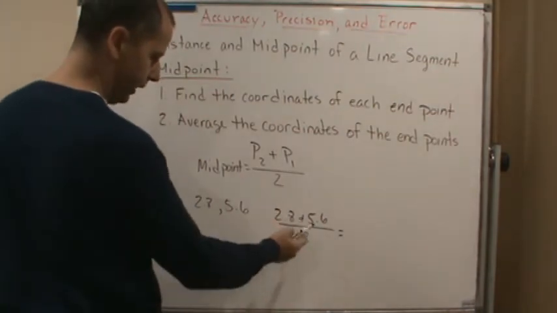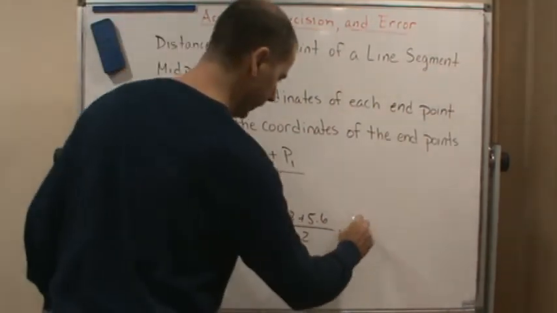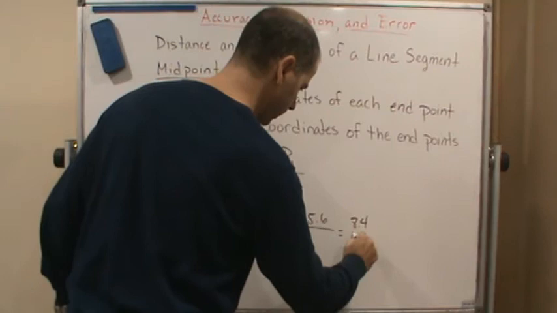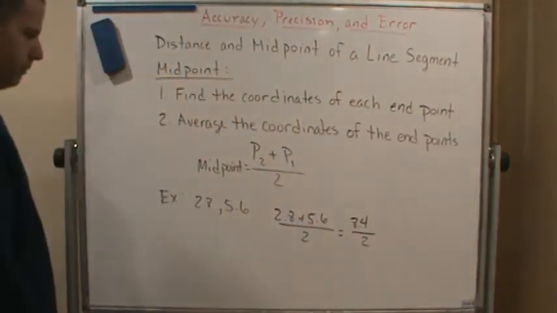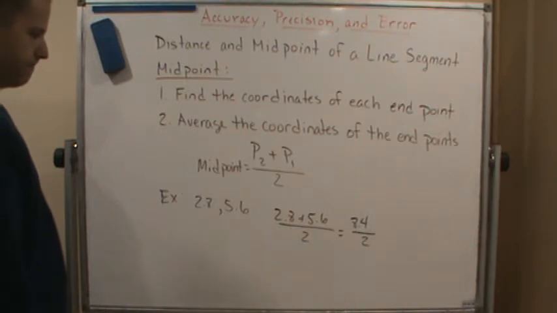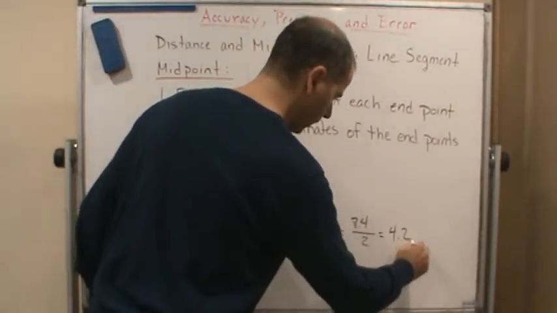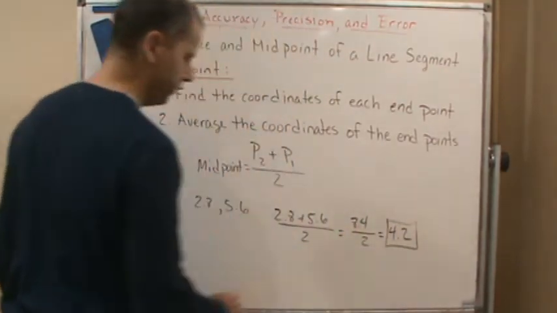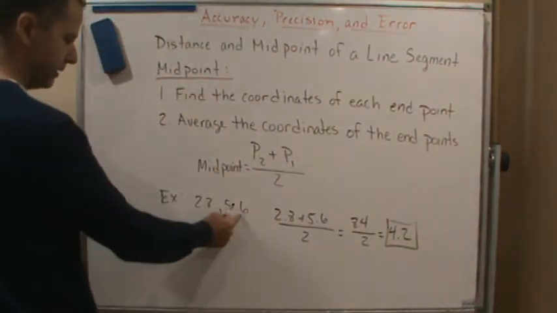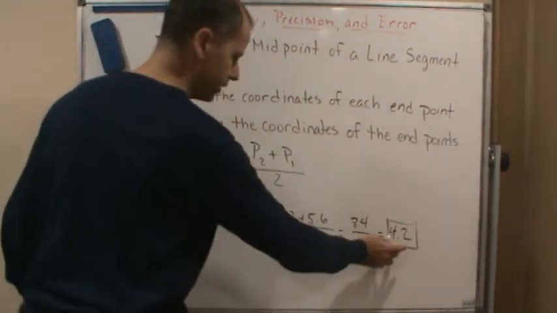Well, I get 8.4, right? 8.4 divided by 2. And if I divide that by 2, I get 4.2. So the midpoint between 2.8 and 5.6 is 4.2.